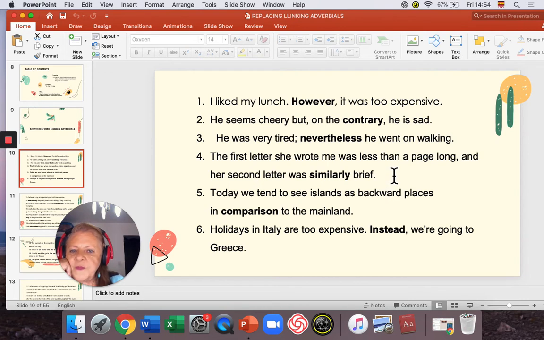Number 4, with similarly. Remember I told you it's in the same line, okay? The first letter she wrote me was less than a page long, and her second letter was similarly brief. You are saying it was almost the same size. Next one. Today we tend to see islands as backward places in comparison to the mainland. So we are comparing one thing with the other, okay?